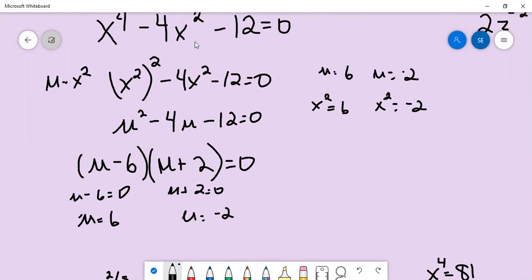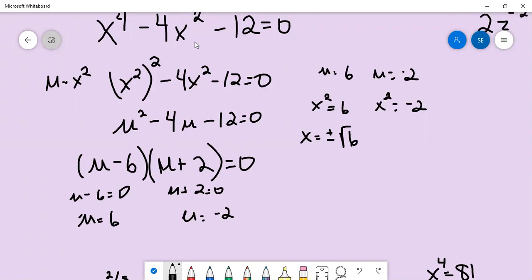So we can take the square root of both sides. We get x is equal to plus or minus the square root of 6. If we're looking for all of our real roots, that's our solution set. For x squared equals negative 2, there's no real roots to that, but we can find the imaginary roots.